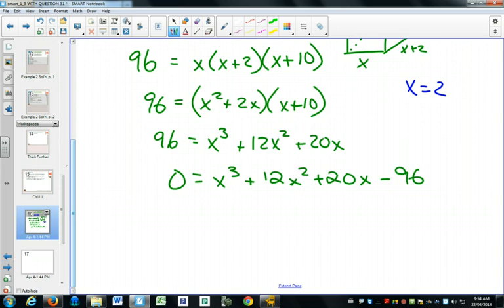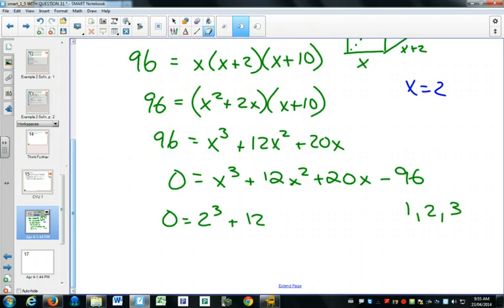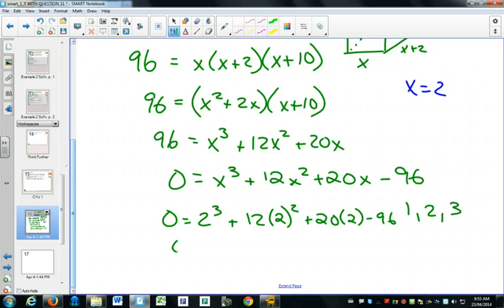The only ones that are reasonable for you to plug in on a non-calculator are 1, 2, and possibly 3. Now, since we already know that 2 is one of the answers, I'm going to plug in 2. Oh, it's 0.